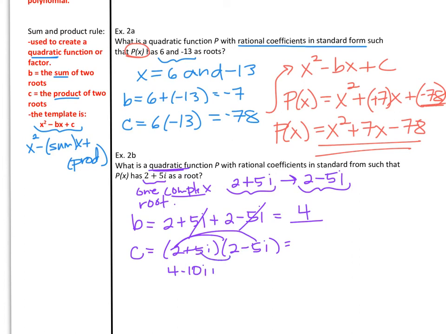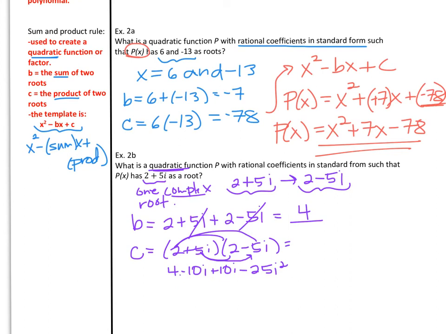Multiply the insides, we would get positive 10i. Now be careful on that last product. Positive 5i times negative 5i would be negative 25, but then i squared. So positive 5 times negative 5 is negative 25, but i times i becomes i squared.